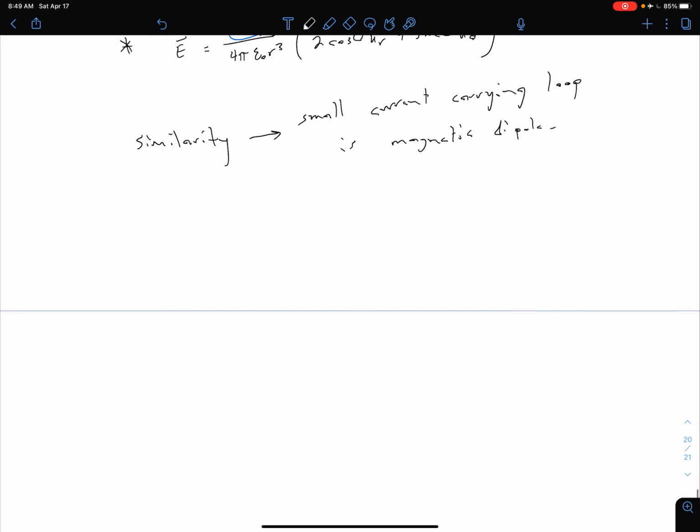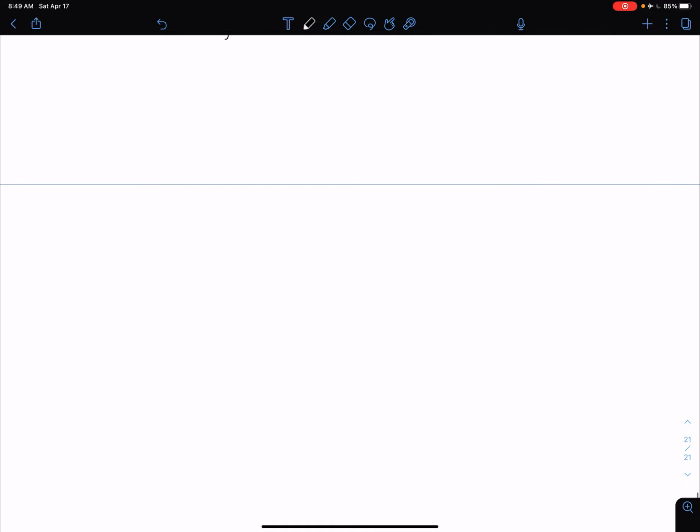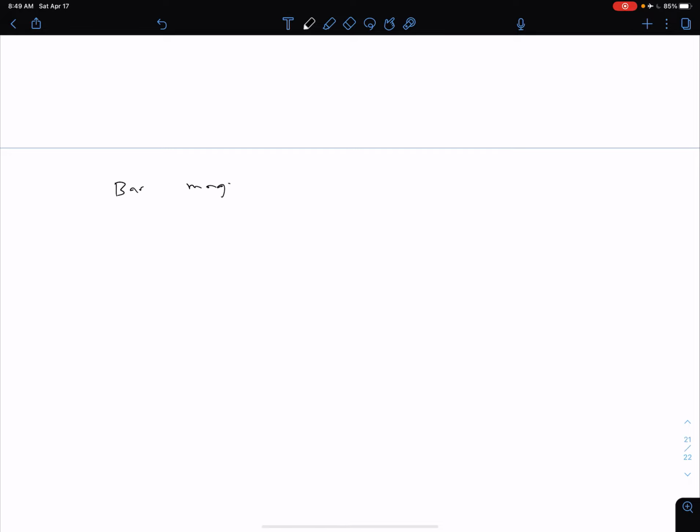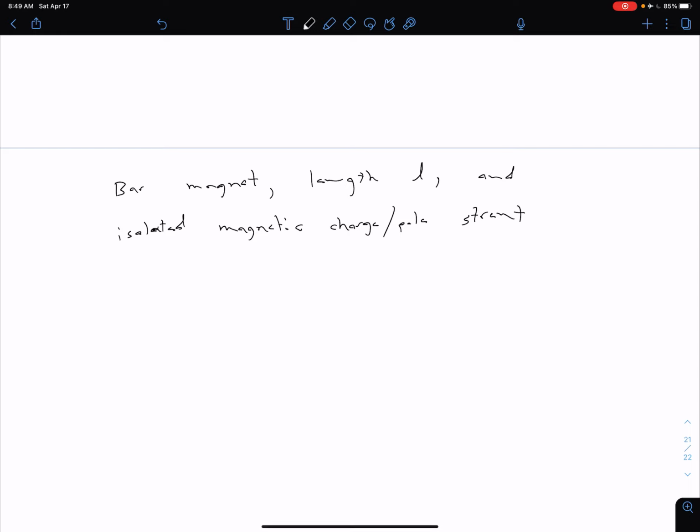Okay, so now let's briefly talk about our bar magnet as well. If we have some bar magnet with some length L, and let's say we have isolated magnetic pole or charge strength, so magnetic charge slash pole strength Qm.